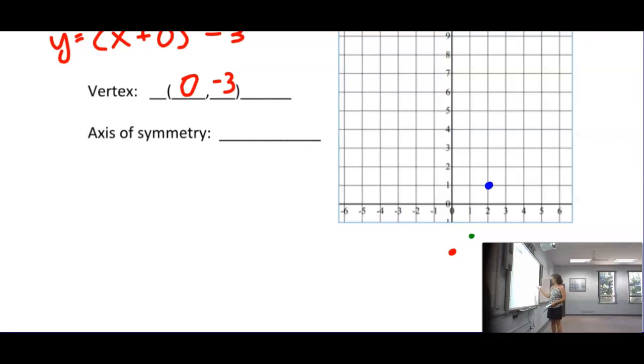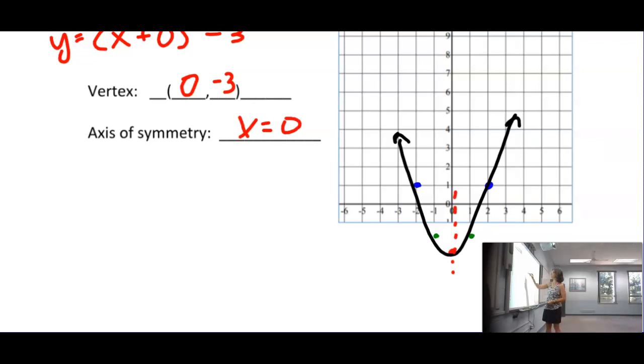And I can just go over 1. Oops, I didn't go over far enough. I have to go over 1 from that at the same level as the blue one. And then I can draw my graph. What's my axis of symmetry here? Where am I going to fold this? X equals 0 because it also matches my x value. Awesome.